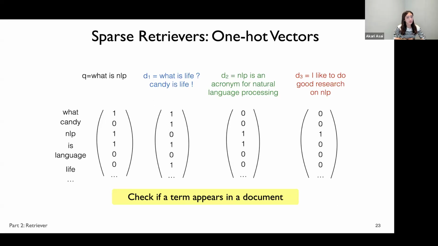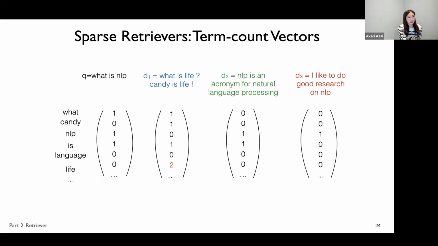Here, like appears twice in document D1, but this is not captured in those one-hot vectors. So term count vectors count the occurrences of a word in a document, taking term frequency inside the document into consideration. Since like appears twice, we update the original one-hot entry to 2.